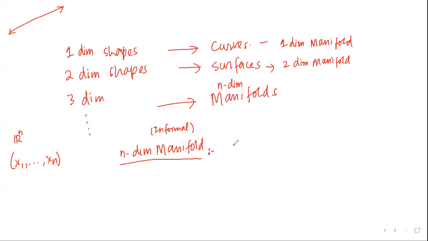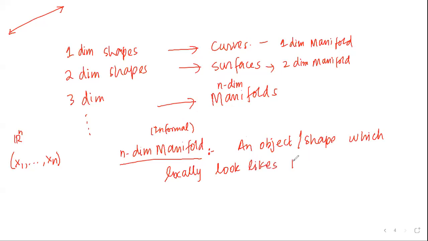So the n-dimensional manifold is an object or a shape which locally looks like our n-dimensional space Rn.